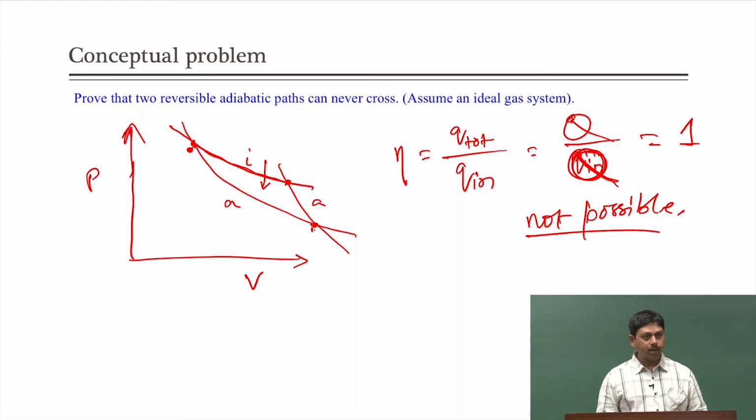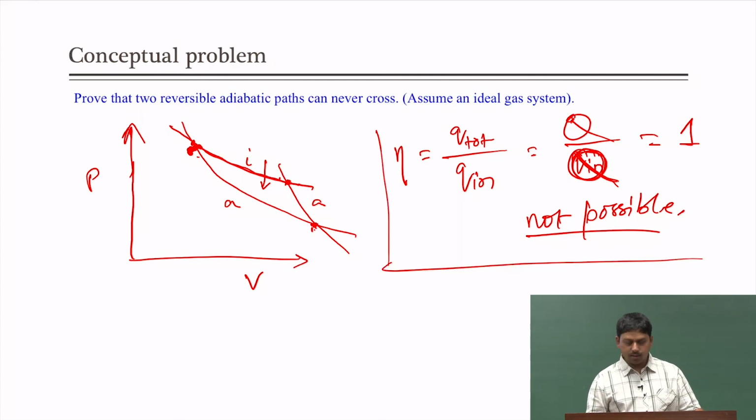You are getting my point? So, when you have this relation, since the volume is changing differently compared to this point, this temperature and this temperature will be different, and therefore it is not possible because we are joining them by isothermal path. So, that is another way of thinking, but anyway.